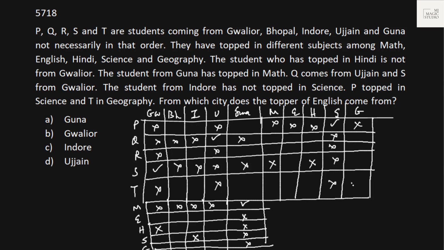T in geography. From which city is the topper from English? Okay, English, 4 options are still open. Q is from Ujjain, not topped in science and geography. Ujjain person hasn't topped in science or geography.